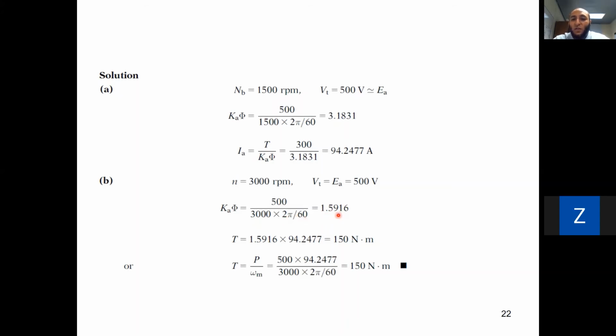So this is the K phi in volts per rad per second. And simply we can calculate the torque, which is equal to K phi multiplied by the same current, because it said the current will be constant. So this will be the torque in the second case.